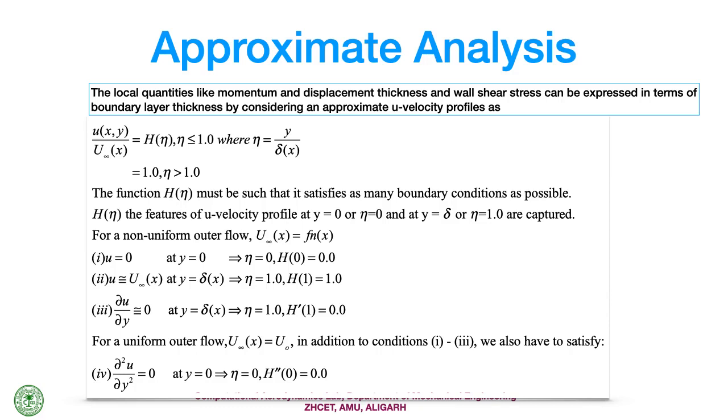It can have more than five constants. So the equation can be of any type. All the constants which are there in the velocity profile must be evaluated by using the boundary conditions.